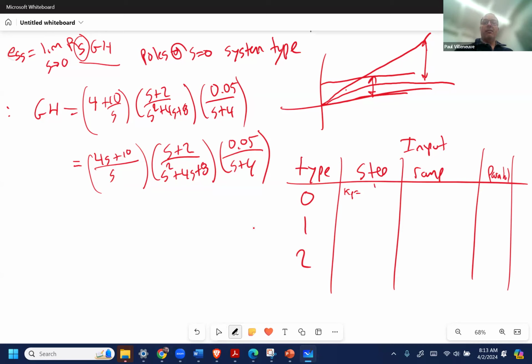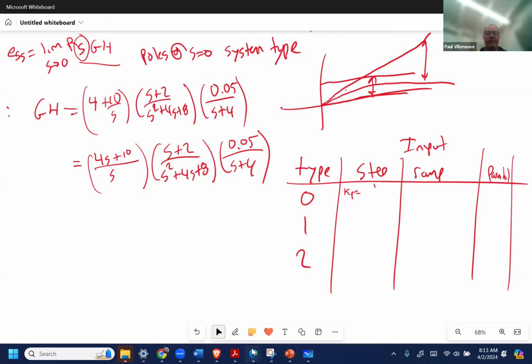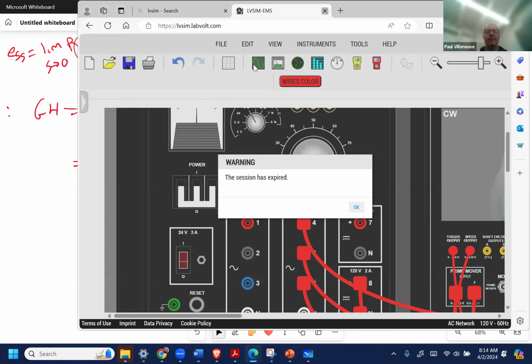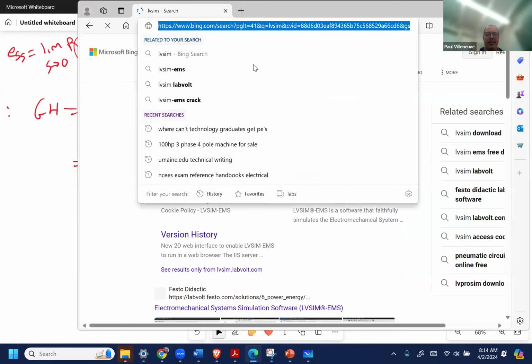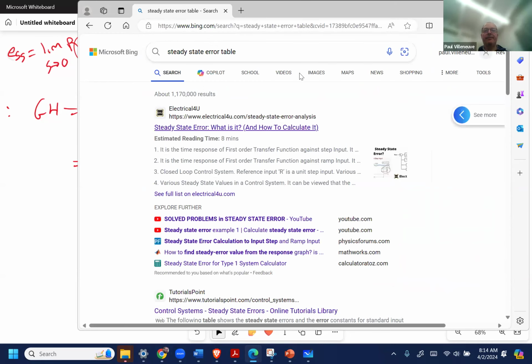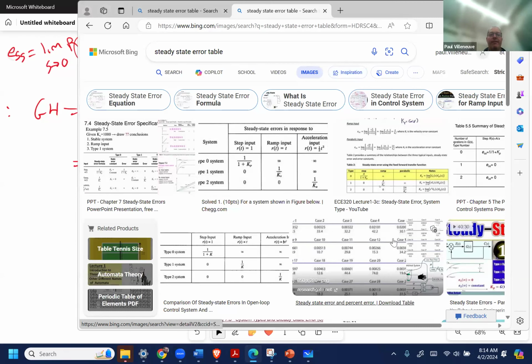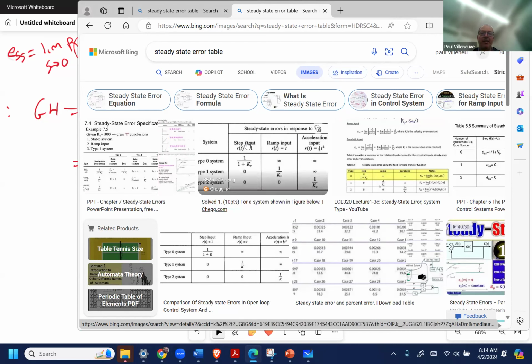Do we have a table? Yes. Let's look at the table here. So for type 1 system, we have 1 over 1 plus, well, this is the error here.